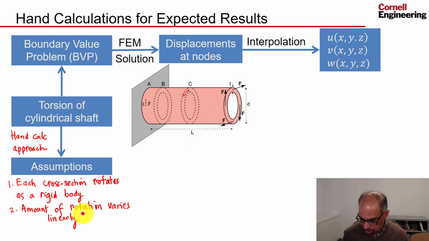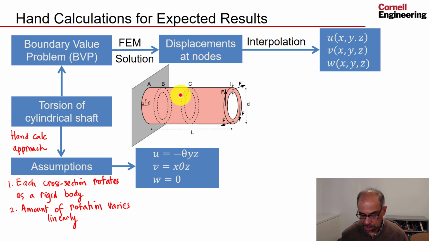Now, with those two assumptions, we can essentially construct the displacement field in terms of the rotation, or rather the rotation per unit length. So this theta is a rotation per unit length. Now, since plane sections remain plane, and that's an assumption built into that, the displacement in the z direction is 0.